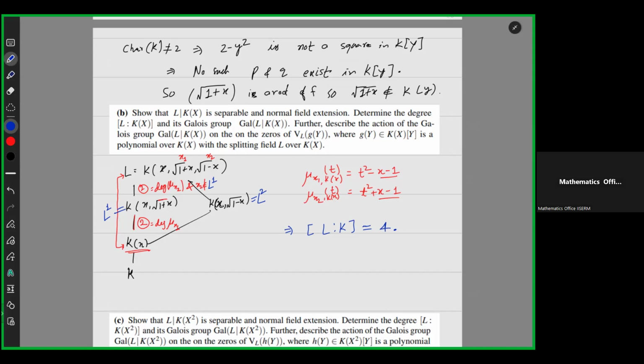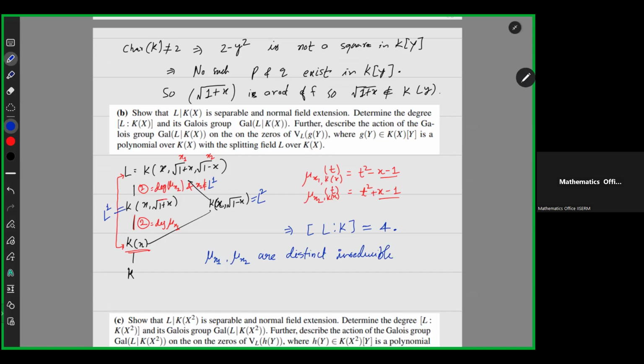Okay, so T square, so those two, mu x1 and mu x2, are distinct, irreducible, and separable.